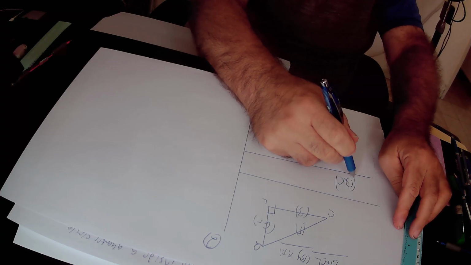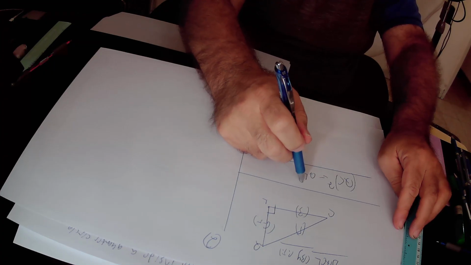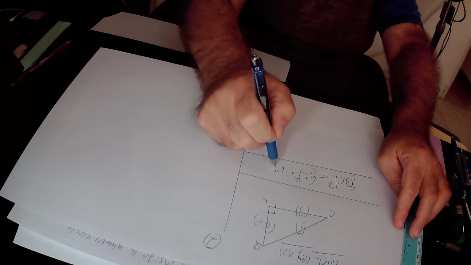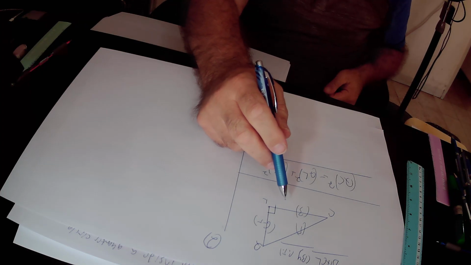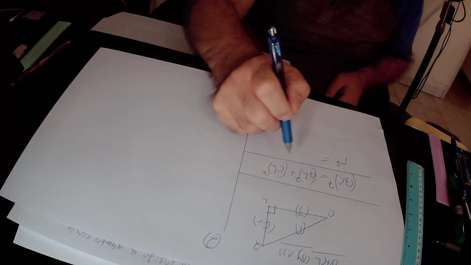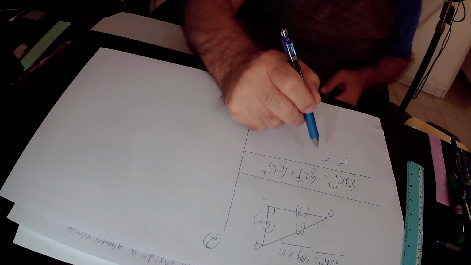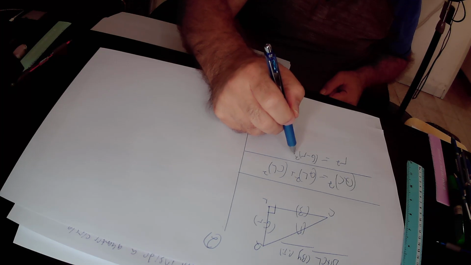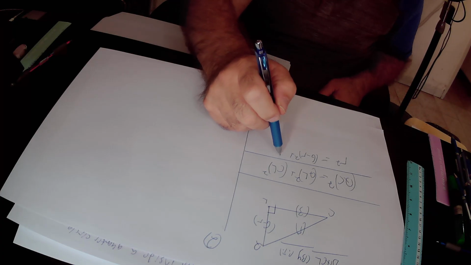QC equals R, therefore QC squared equals R squared, and it equals QL squared, QL is 6 minus R, therefore QL squared is 6 minus R squared, plus CL squared. CL is 3, therefore CL squared is 3 squared, that is 9.